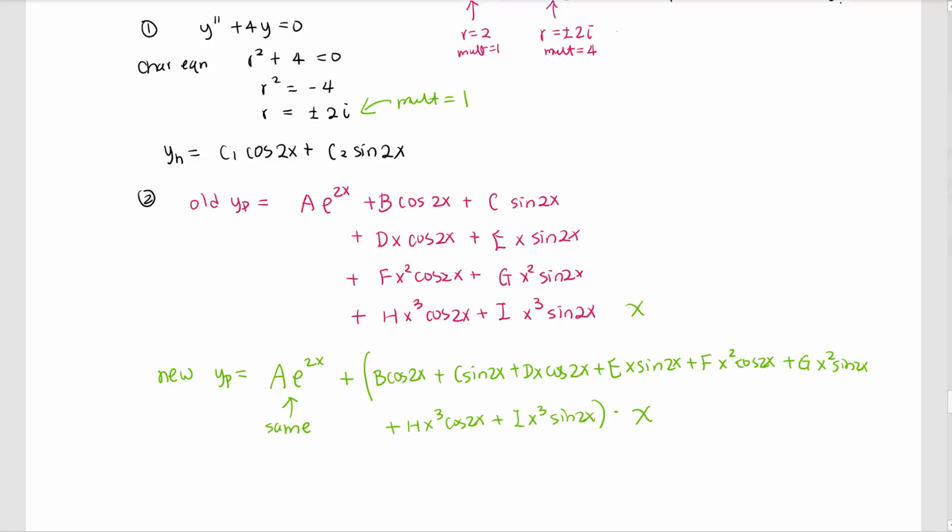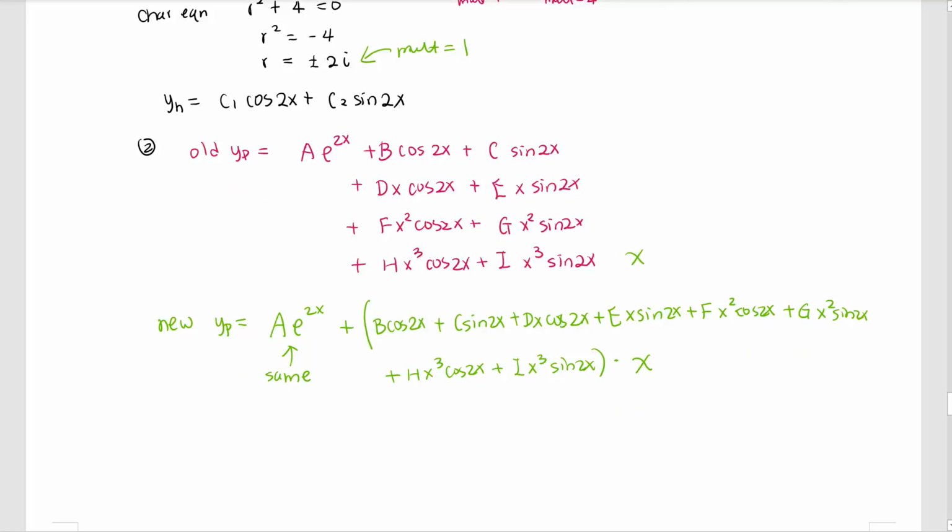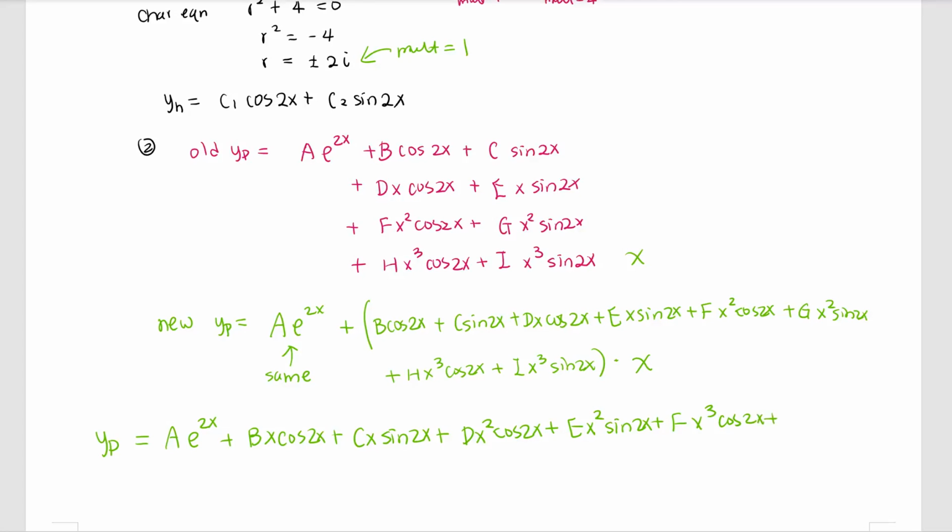Okay, everybody? So what is our YP? Our YP is a e to the 2x plus bx cosine 2x, cx sine 2x, dx squared cosine 2x, ex squared sine 2x, fx cubed cosine 2x, gx cubed sine 2x, and hx to the 4th cosine 2x, and I x to the 4th sine 2x.